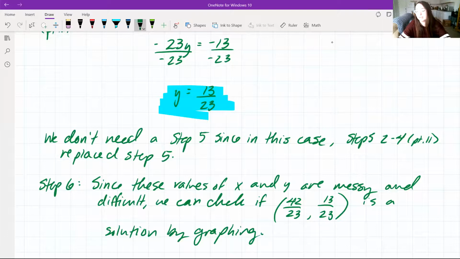And we're going to check with a graphing calculator. So we're going to go on over to Desmos and see if it's a solution. Using a graphing calculator, some sort of online graphing system, is a little easier to check a solution, not find an exact solution to begin with. So let's head on over to Desmos.